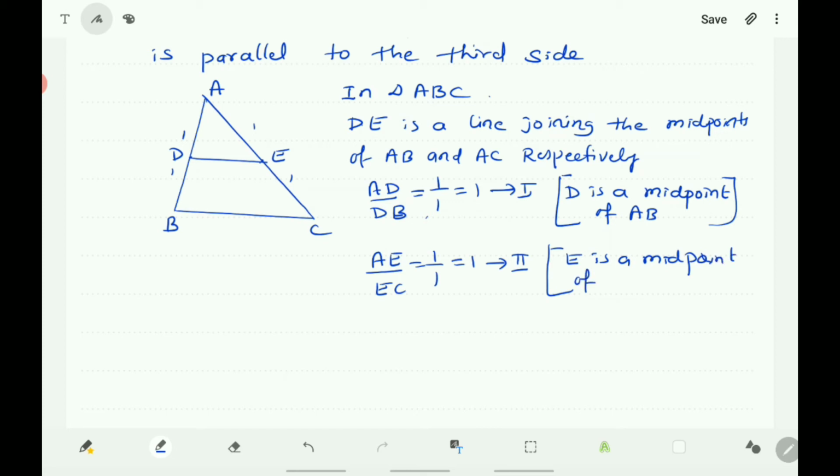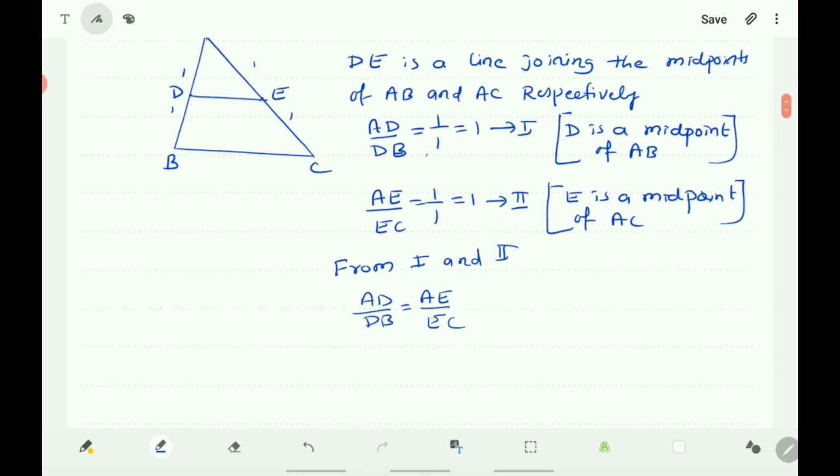Here E is a midpoint of AC. Now from first and second, what you can observe is AD by DB is equal to 1, and AE by EC is also equal to 1. AD by DB and AE by EC are equal to the same thing. Therefore, from first and second, you can write AD by DB is equal to AE by EC.